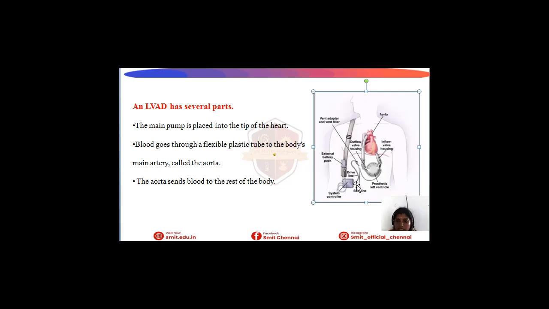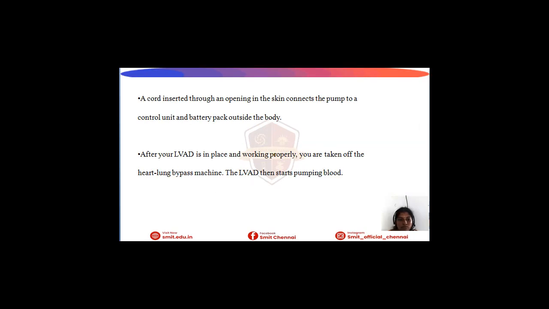This is the rechargeable battery for the LVAD, and this is the system controller which controls the LVAD working. A cord is inserted through an opening in the skin and connects the pump to a control unit and battery backup outside the body. After the LVAD is working properly, we can take the heart-lung machine off the patient.